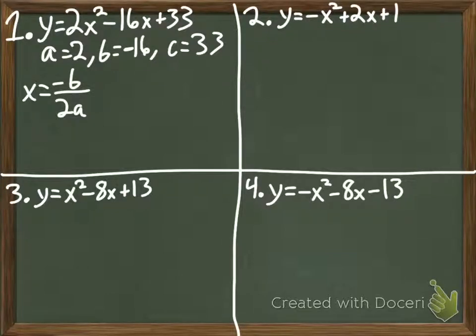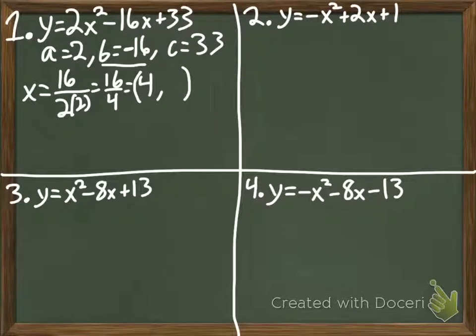Alright, so the opposite of b, our b is a negative 16, so the opposite of negative 16 is positive 16. And our a is 2, so that gives us 16 over 4, so 4. So the x coordinate is going to be 4.